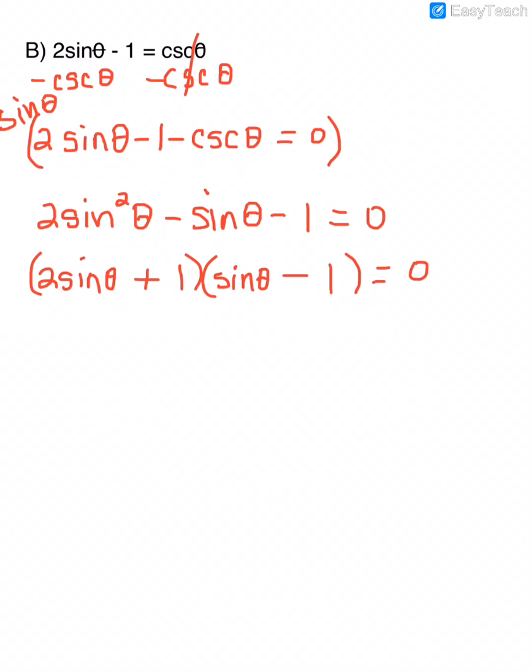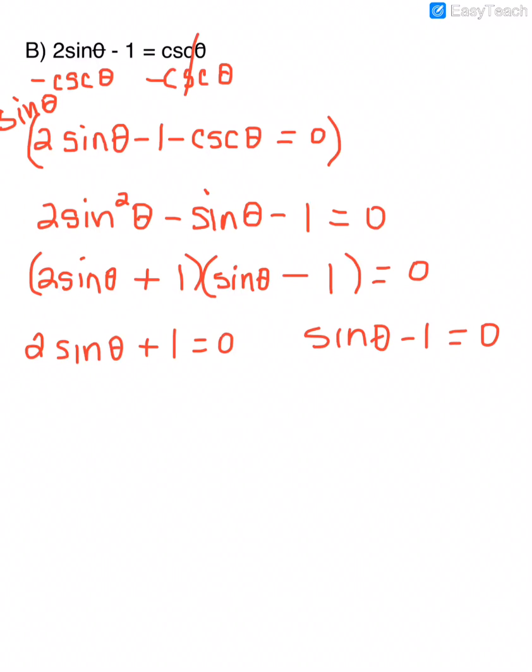Okay, so now I have completely factored my trinomial, and I'm going to take each factor and set it equal to 0 and solve. So I'm going to subtract 1, and I have 2 sine of theta equals negative 1, divide by 2.